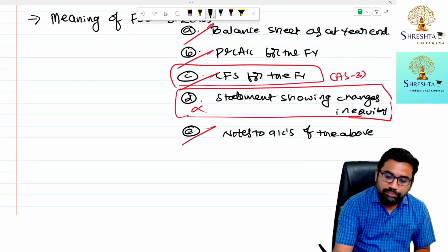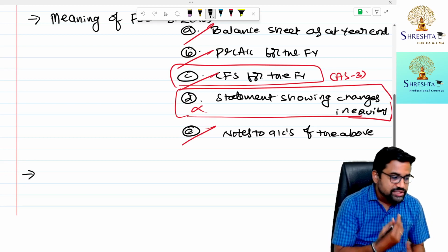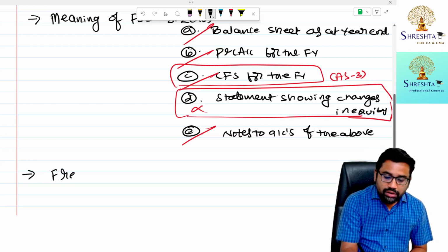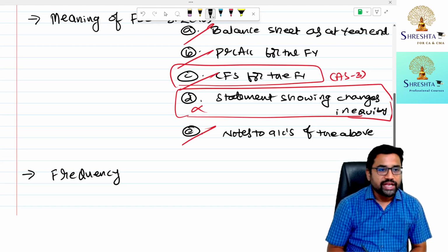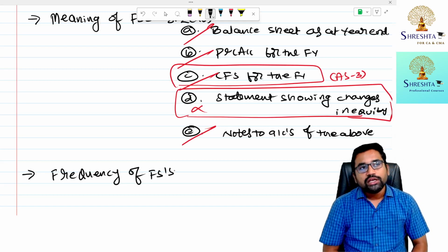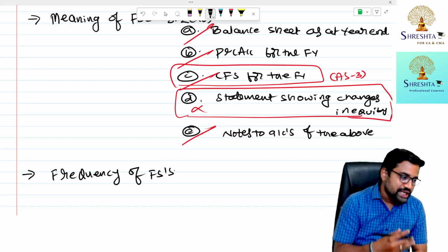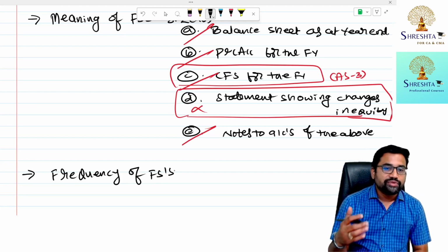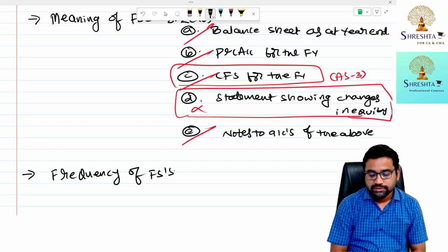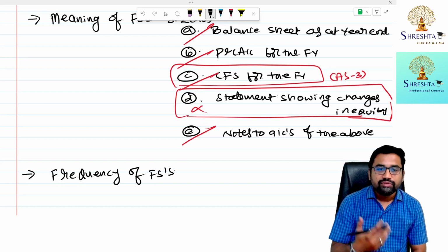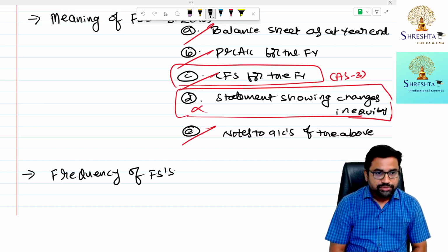Now one more important point, sir: frequency of financial statements. See how frequently we will prepare financial statements. Generally there will be annual financial statements. That means once in every financial year we will prepare financial statements.